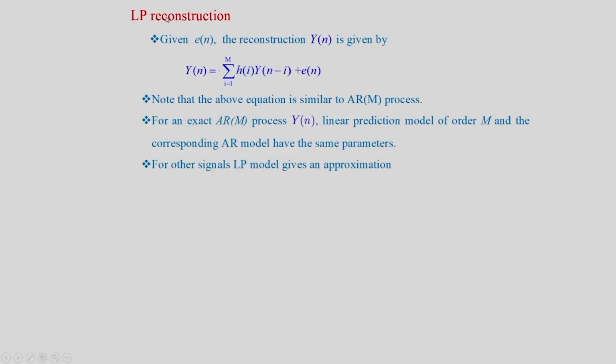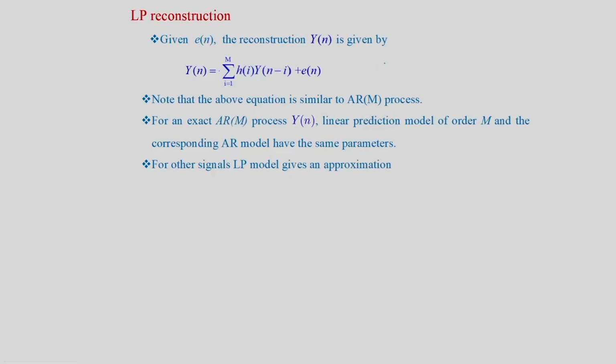Linear prediction reconstruction. Let us see how we can reconstruct this signal. Given e[n], the reconstruction y[n] is given by y[n] equal to summation h_i y[n minus i], i going from 1 to m, plus e[n]. This is the reconstruction filter. Note that the above equation is similar to an AR process.